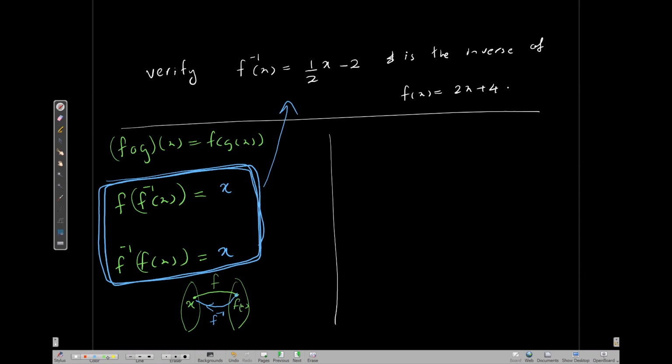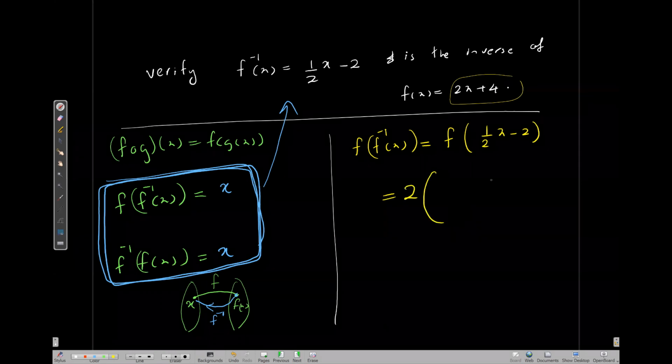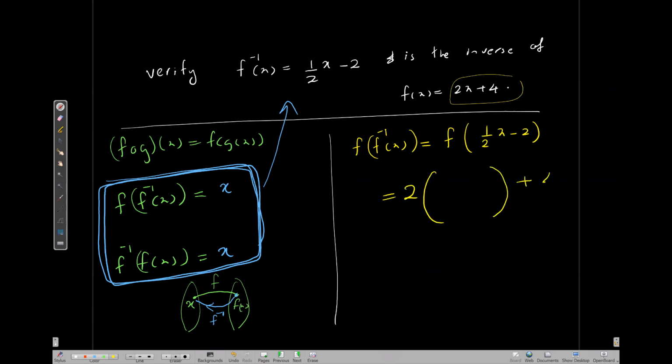So f of f inverse of x, let's check both. Now you know how to deal with composition functions. So f of f inverse, you write down f inverse here. Now the form of f is 2 times whatever you throw to f, it will make it 2 times and add 4, right?